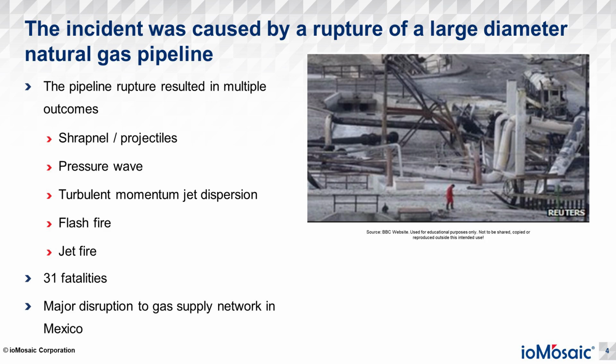Initially, you'll see shrapnel, you'll see the pressure wave develop, you'll then see the turbulent momentum jet, then you'll see the flash fire, and then you'll see the jet fire. So that's one of the things that makes it really interesting to model. It resulted in 31 fatalities and also major disruption to the gas supply network in Mexico.